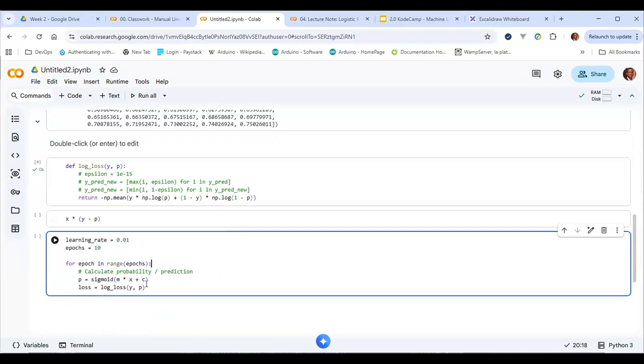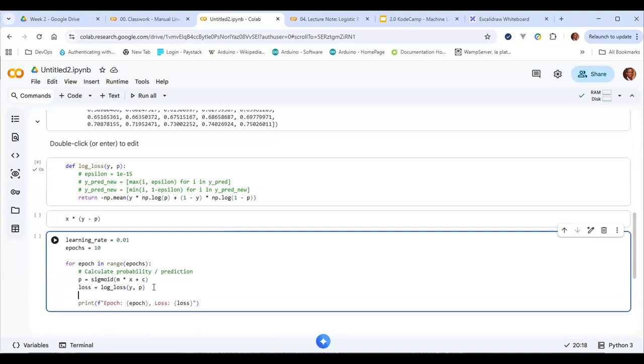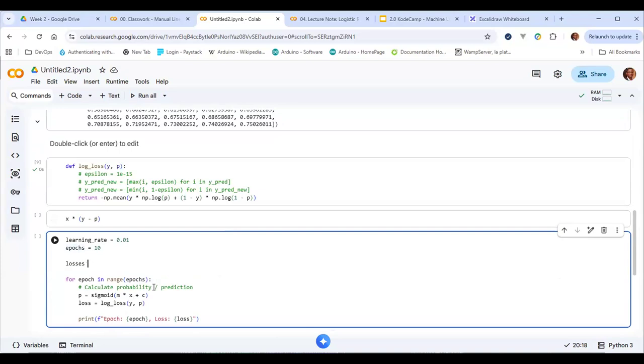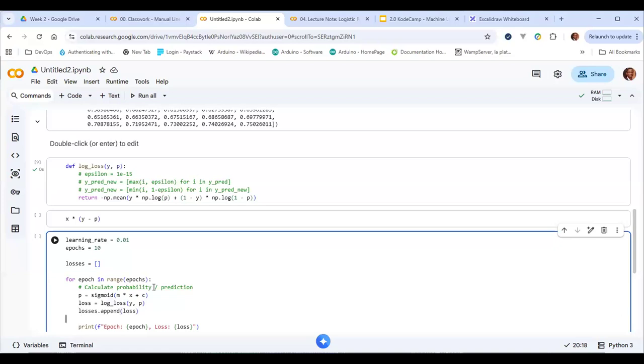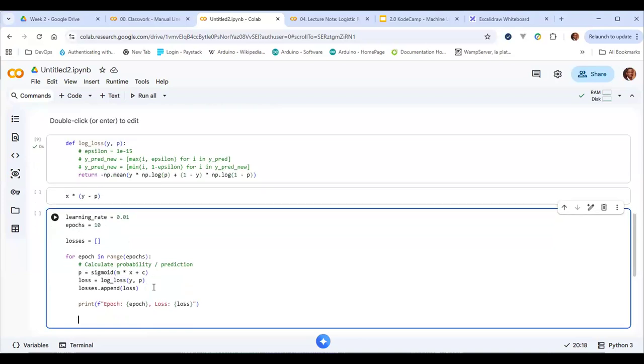So you do this log loss and you get the value. Then you can calculate the loss. You can add the loss to an array of losses. Then the next thing is gradients.